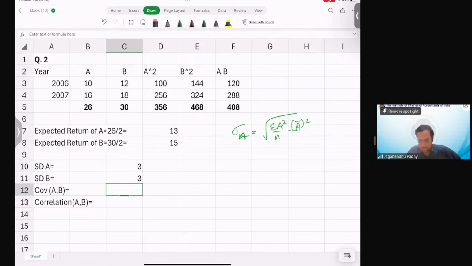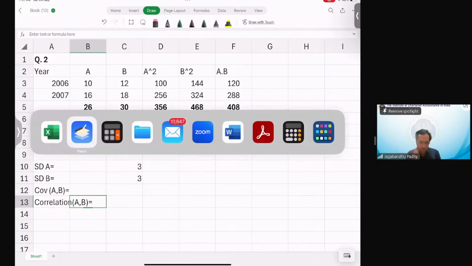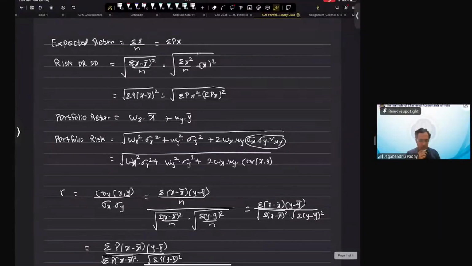Yes, covariance. How are we going to get the covariance? Before covariance, I think you can just recall the formula over here.